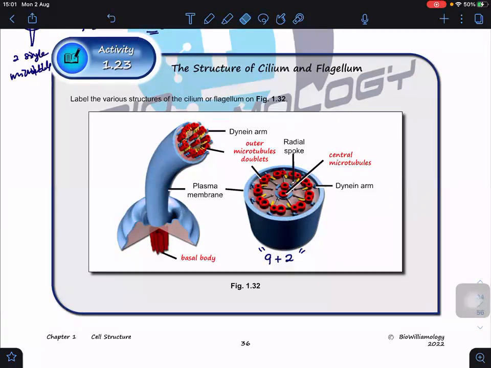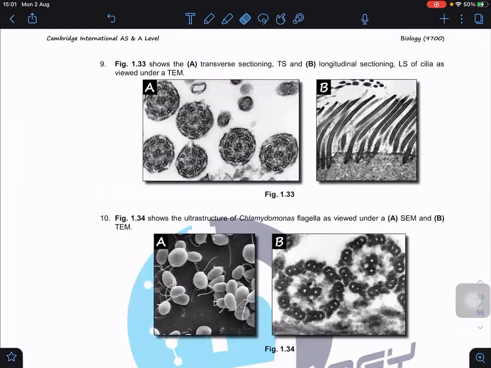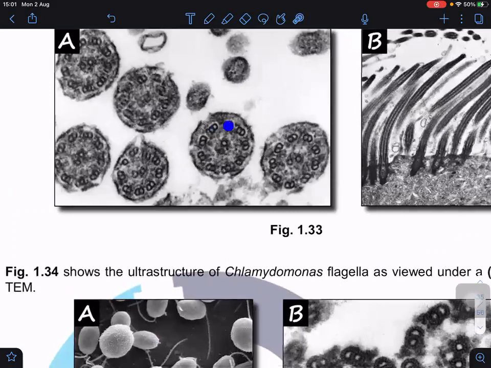So let us look at where we can find the cilia and flagella. If you look at the structure, you can see 1, 2, 3, 4, 5, 6, 7, 8, 9. Can you see that? 9 doublets and 2 single microtubules.